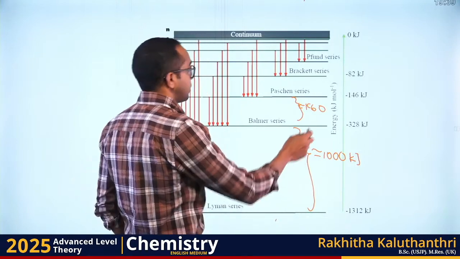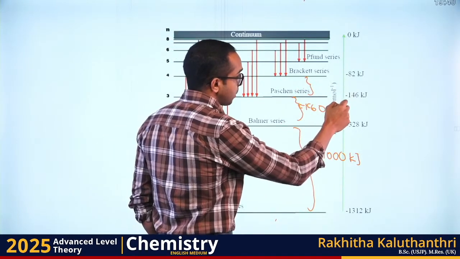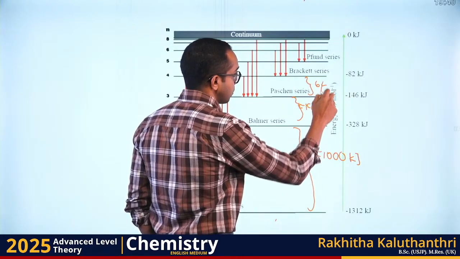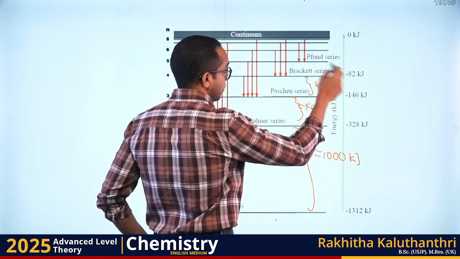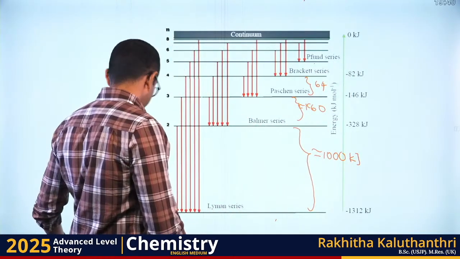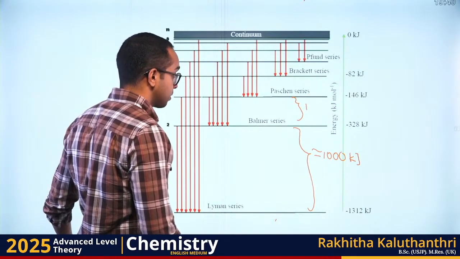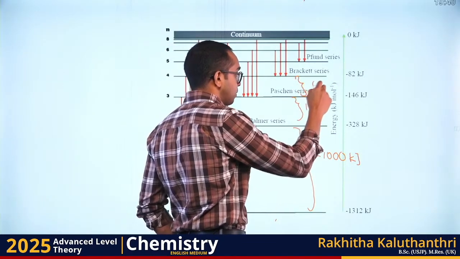And then between these two, the energy gap is around 64, and then they haven't given any details below that. Let me write the 180 clearly. 180, let's say this is 64, right?